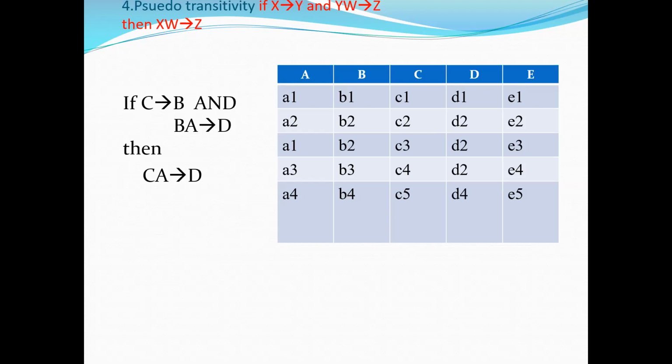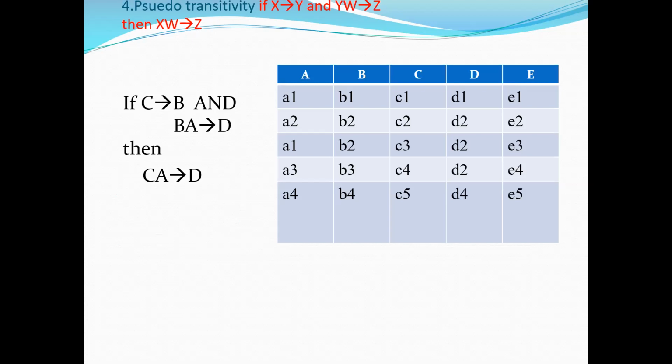Does it exist? B1 A1 pair. Is it repeating? No. Corresponding value is D1. B2 A2 pair. Is it repeating? No. Corresponding value D2. B2 A1 pair. Is it repeating? No. Corresponding value D2. B3 A3. Corresponding value D2. Is it repeating?